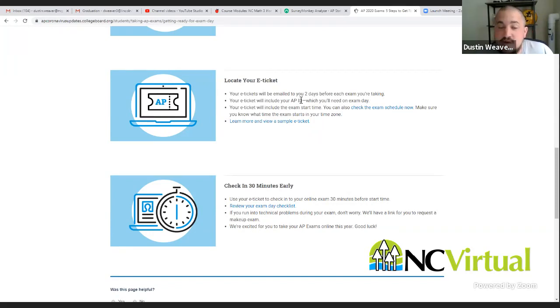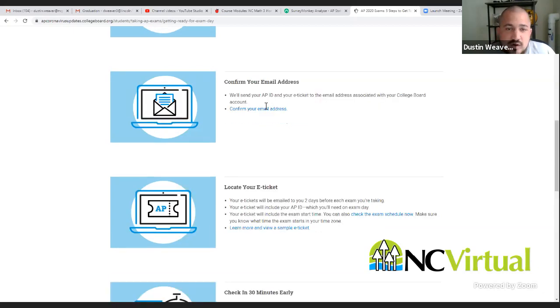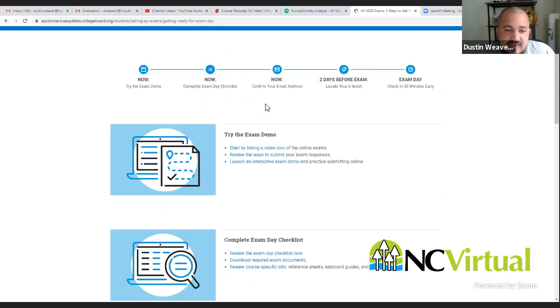It really should be in both. You'll want to write down the important information from your e-ticket, just in case it doesn't load on exam day, or print it out so you don't run into any technical difficulties. And you also want to make sure that your computer and your browser are up to date.